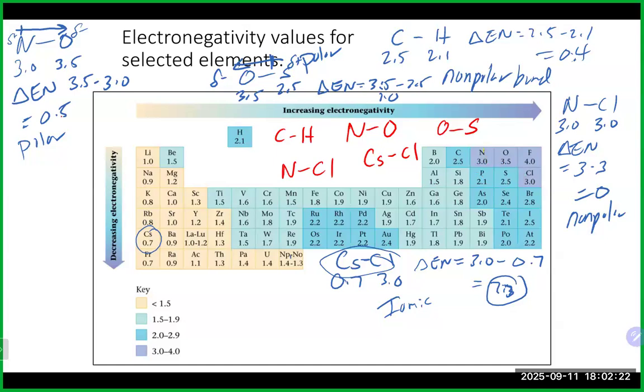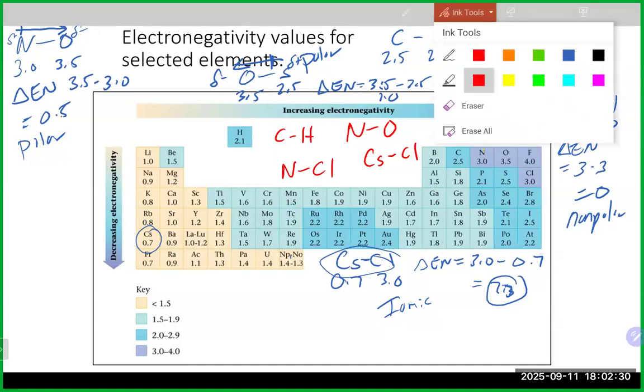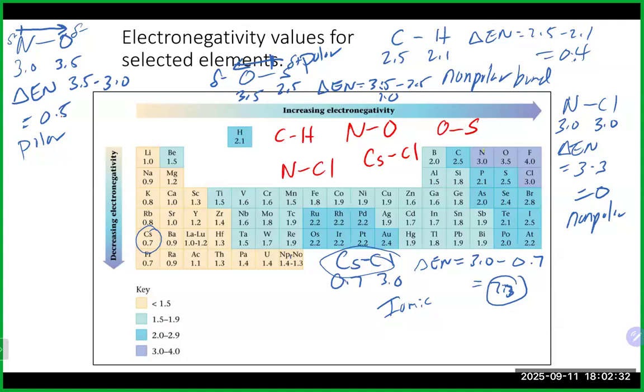Now, do you need the numbers all the time? The answer is no, you really don't. In a lot of cases, you can use the general trend in electronegativity and make a fairly good guess as to whether or not you'll have a polar bond. For example, we did nitrogen and oxygen here.